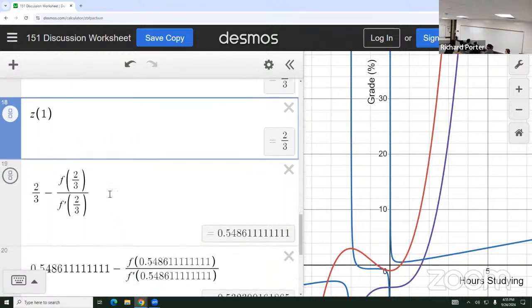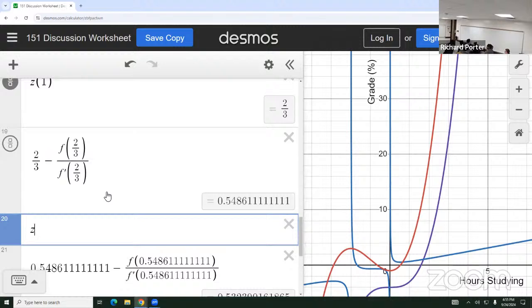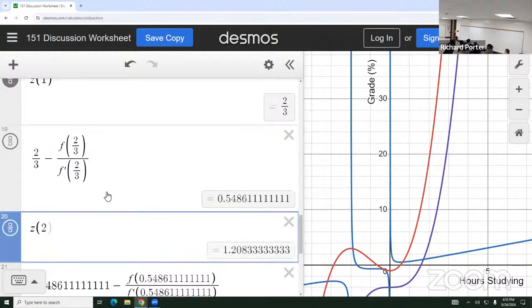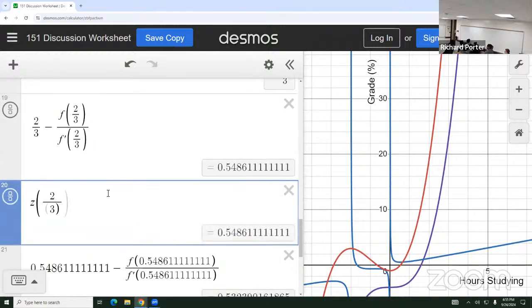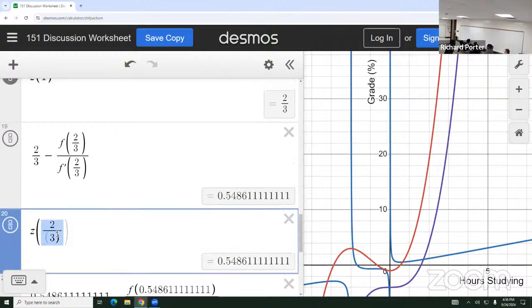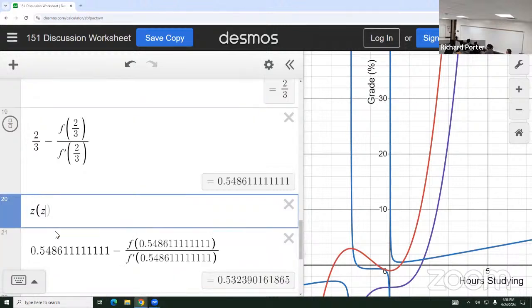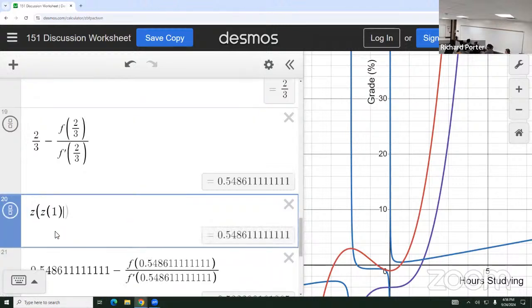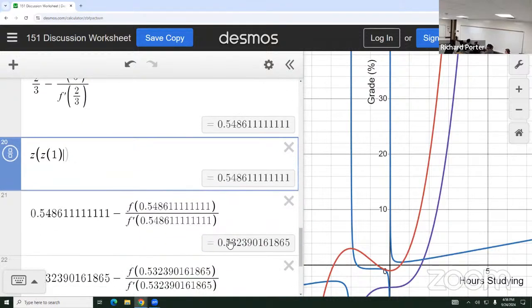I could do z of 2/3 then. Hold on. Z of 2/3. Get the same answer, right? Oh, but even better. Where did 2/3 come from? That was z of 1, right? So what about this one? Now I want to plug that number in.